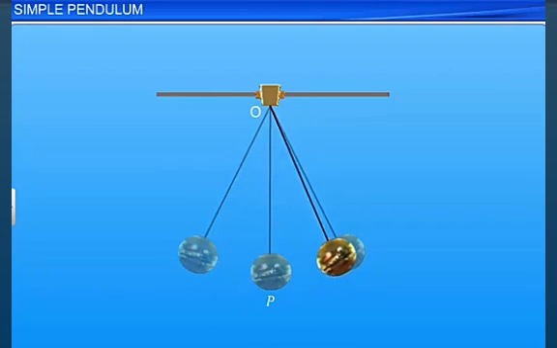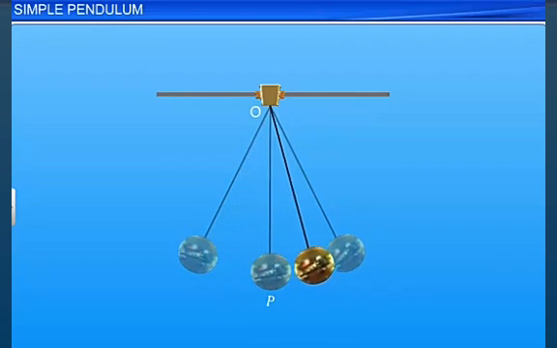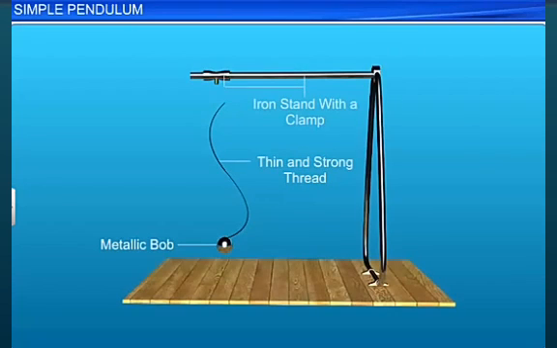The apparatus required is a metallic bob, a thin and strong thread of length around 120 cm, an iron stand with a clamp, a cork vertically cut into 2 parts, a meter scale, and a stopwatch.